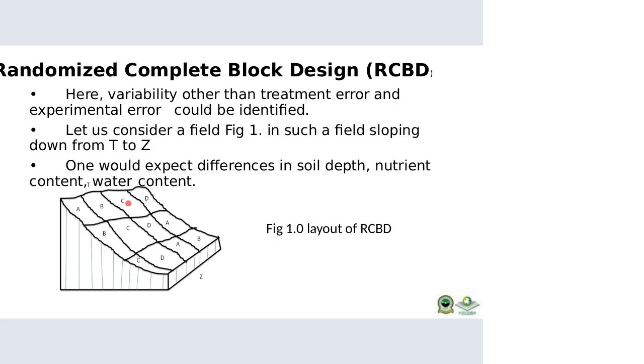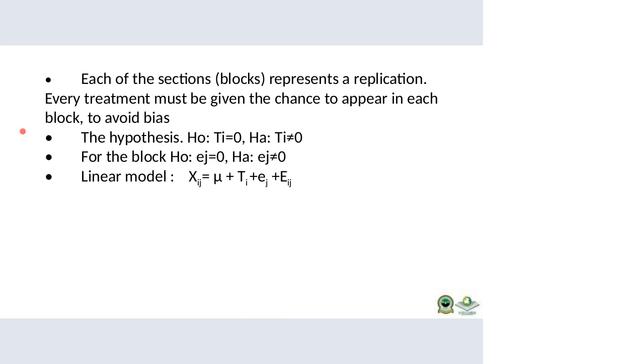Each of these we are using 4 microorganisms here, A, B, C, D, in no particular order anyway, as against the first experiment. So every treatment must be given the chance to appear in each block to avoid bias. So we have 4 treatments and 4 blocks.